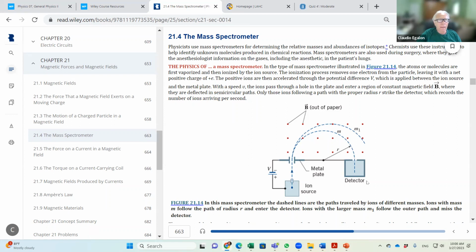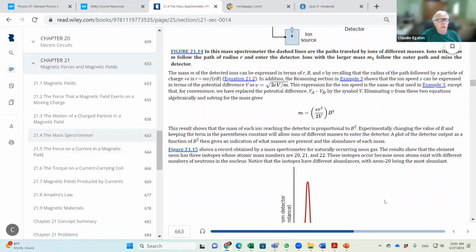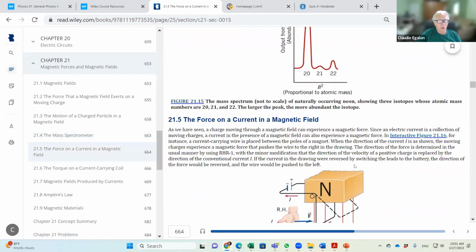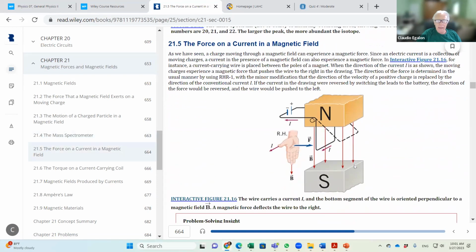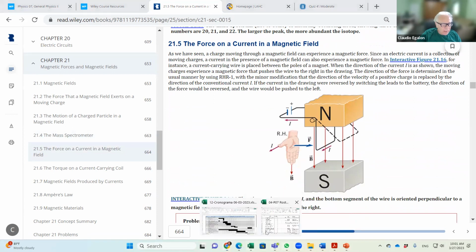And we have this detector here, a phosphorescent screen where you can see the flash of light and measure the distance, the radius of curvature of the particle. That's another way, and you go solving for the mass. That's a different experimental configuration. We did 21.4 as well.